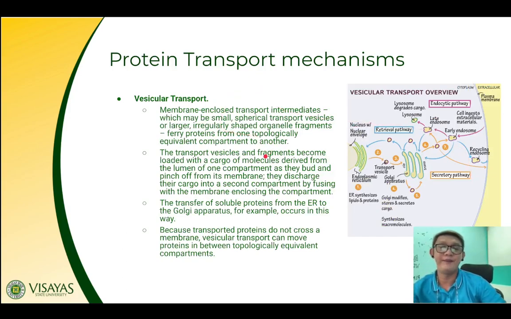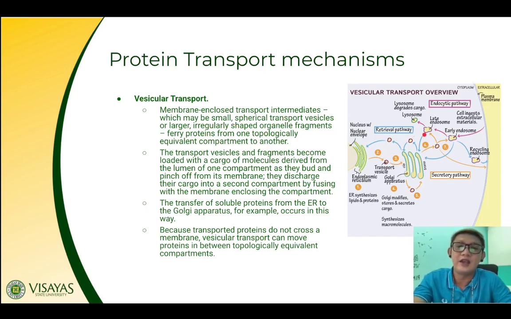The third type is the vesicular transport. Membrane enclosed transport intermediates, which may be small, okay, just like this, spherical transport vesicles, or larger, irregularly shaped organelle fragments. They ferry the proteins, or they transfer the proteins, from one topologically equivalent compartment to another.